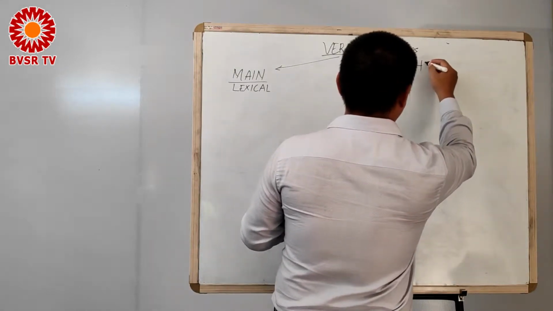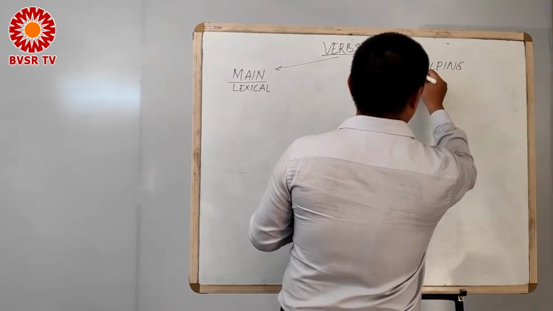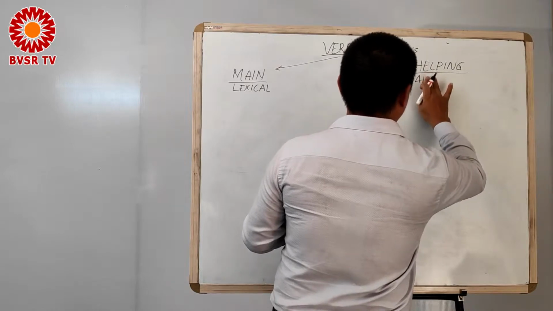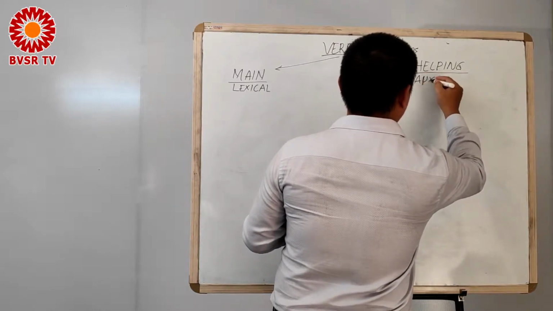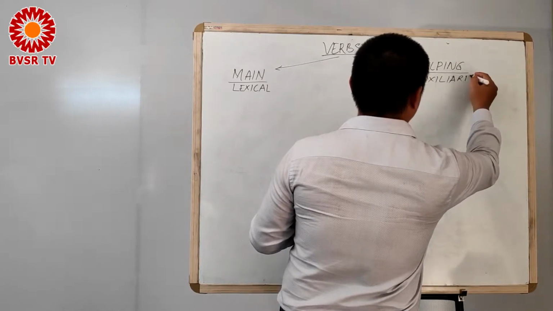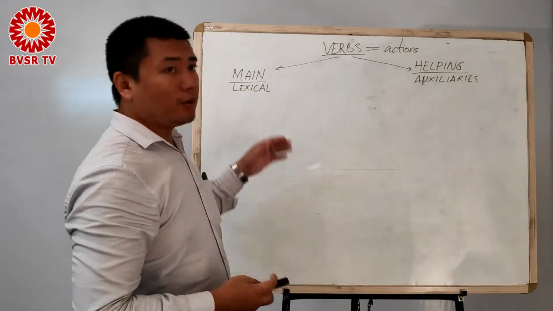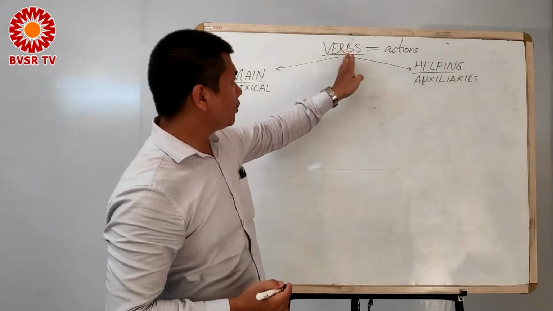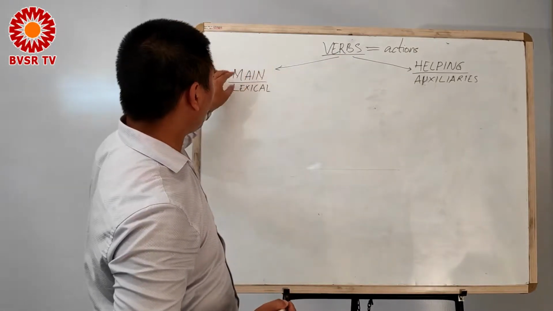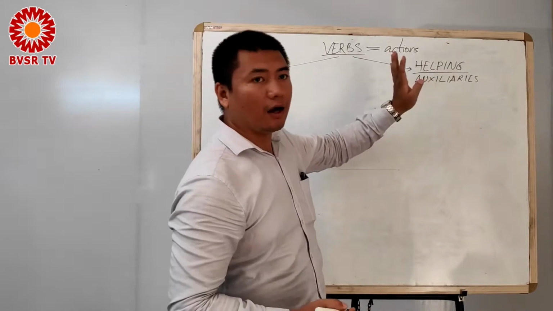So we write it here: helping verb or auxiliary verb. It is just the same. Auxiliary verb, or we call it auxiliaries in plural. So as I said, we have two broad categories of verbs. The first one is the main verb, or lexical verb. The second one is the helping verb, or auxiliary verb.